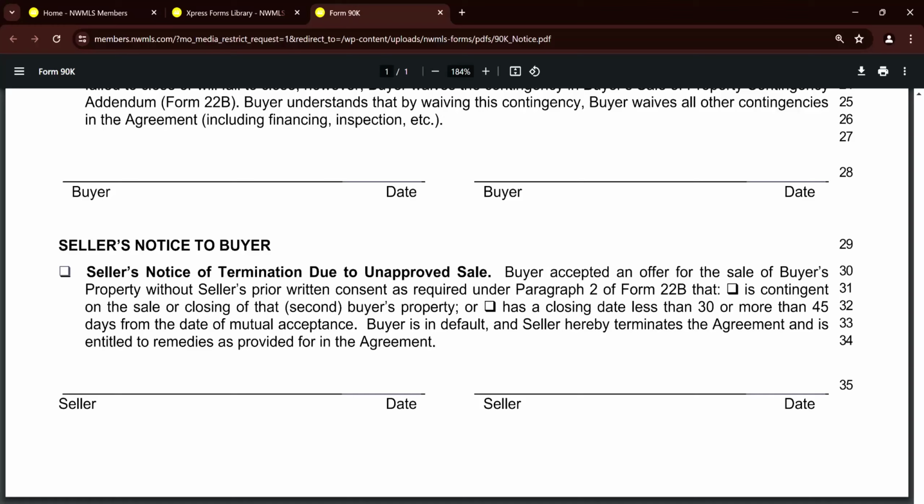What's worse is that now the seller can say, well, we're terminated, and I get default, so you're in default, so I can get to keep your earnest money too. That's really bad. This one is a tough one. You gotta be so careful.